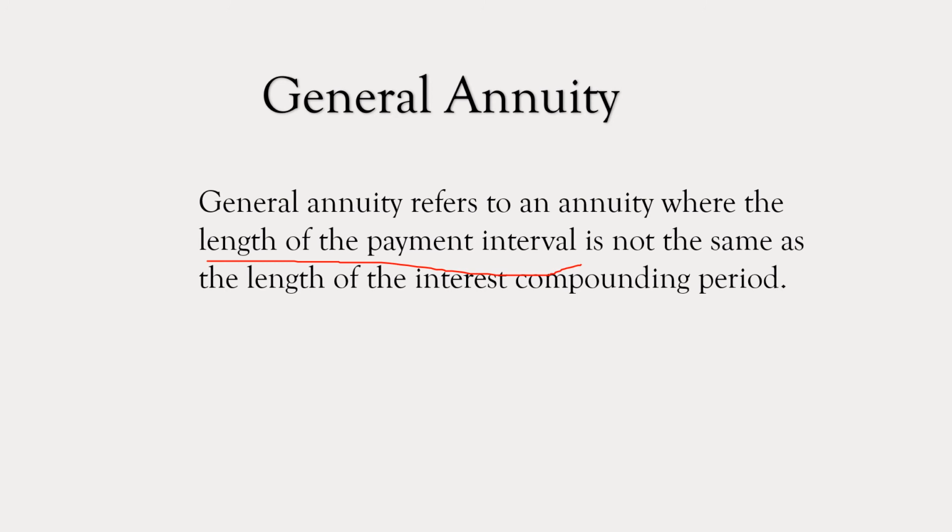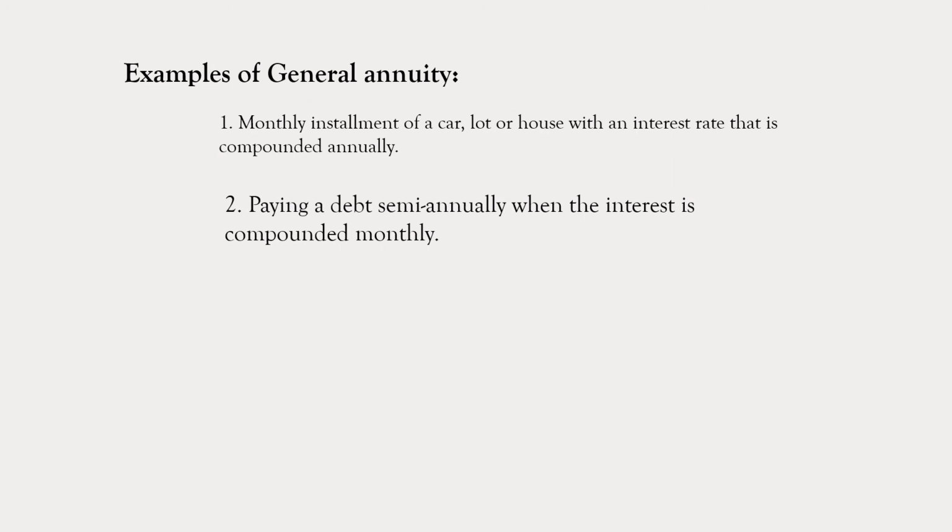So, ano-anong mga example niyan? Example niyan ay monthly installment of a car, lot or house with an interest rate that is compounded annually. Meron din paying a debt semi-annually when the interest rate is compounded monthly. Ito yung mga examples ng general annuity.